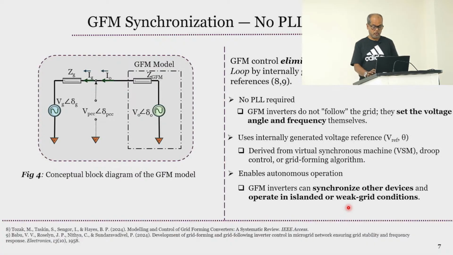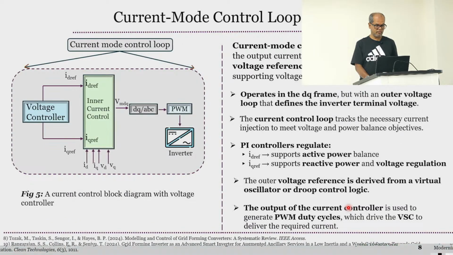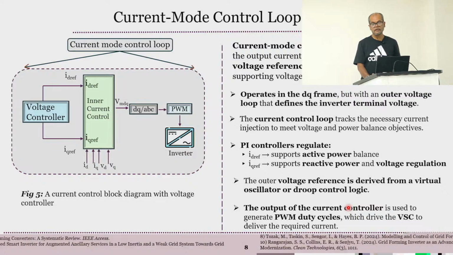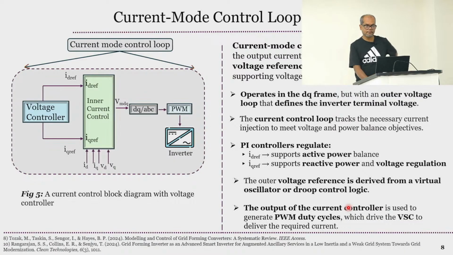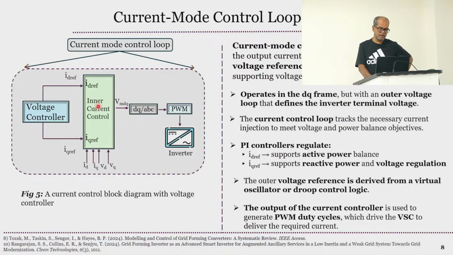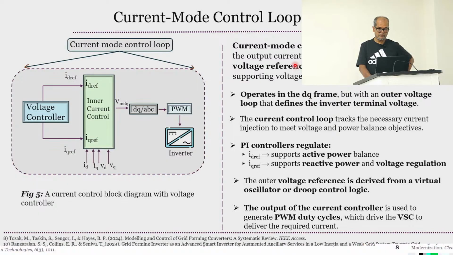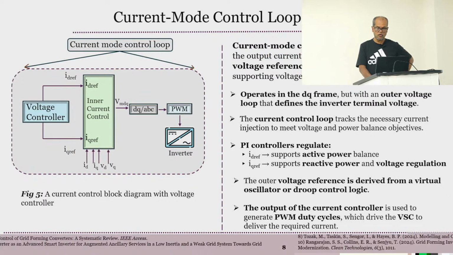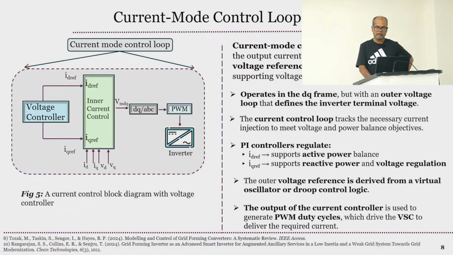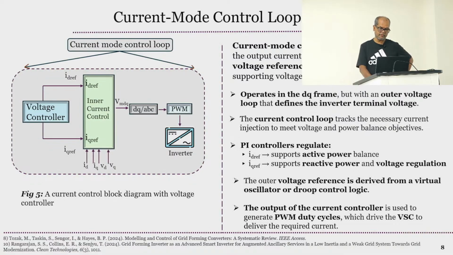And it operates well in isolated or grid-connected conditions. In the current control loops that I mentioned previously, the current mode control in a GFM inverter regulates the output current based on the internally generated voltage reference.